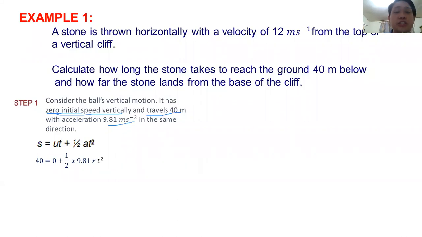Again, we just substitute the given values into the equation. It gives us 40 is equal to 4.905 t squared.